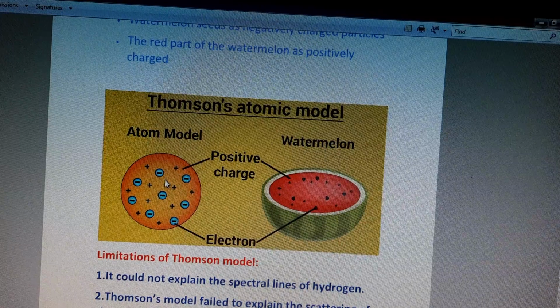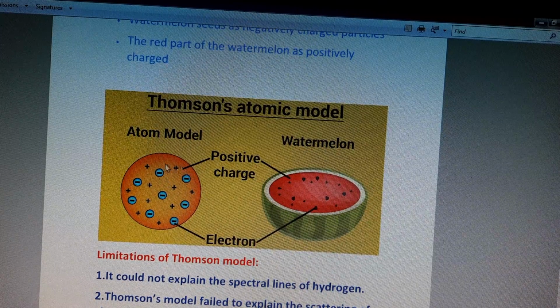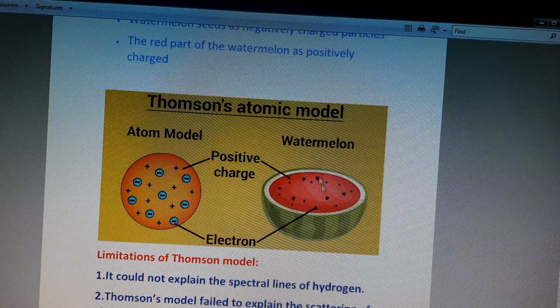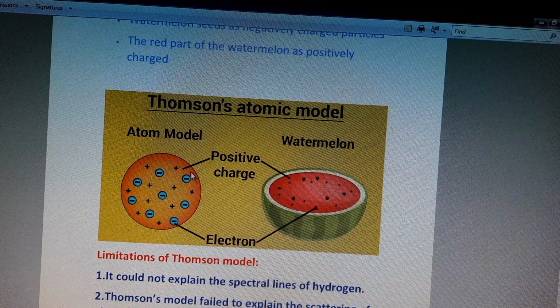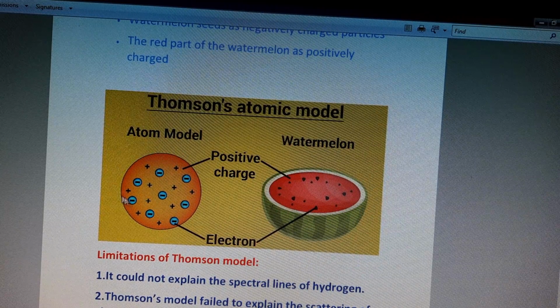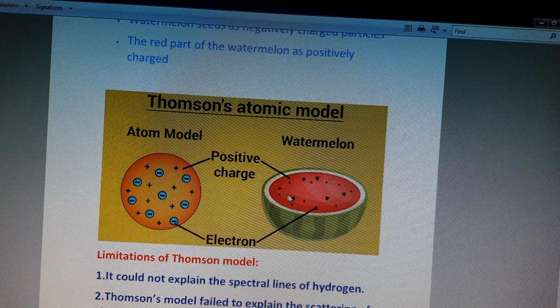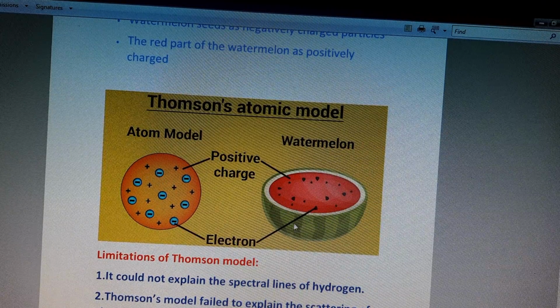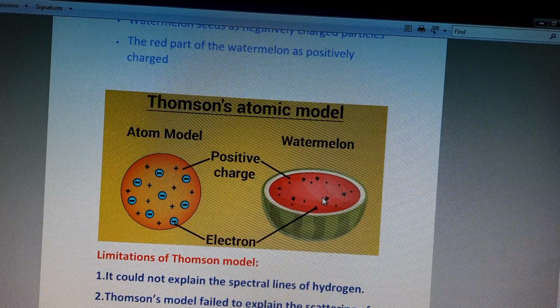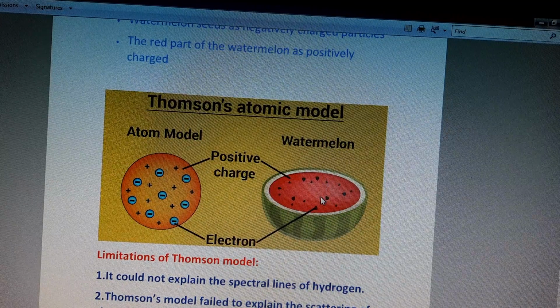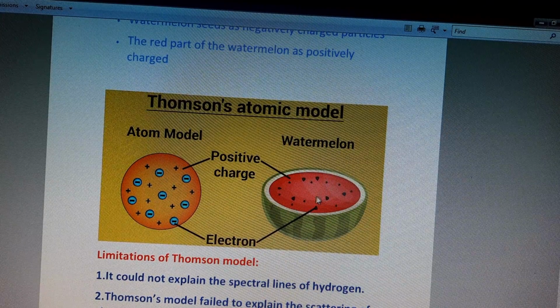In this Thomson atomic model, this is the atom, and it is compared to a watermelon. The atom has positive and negative charge. In the same manner, the watermelon seeds are the electrons, and the remaining substance is equal to the positive charge.